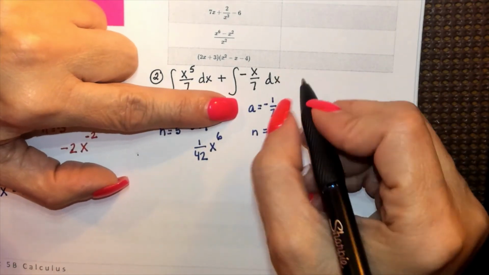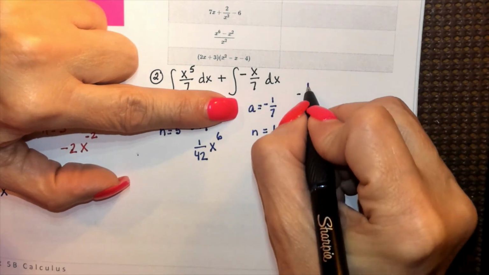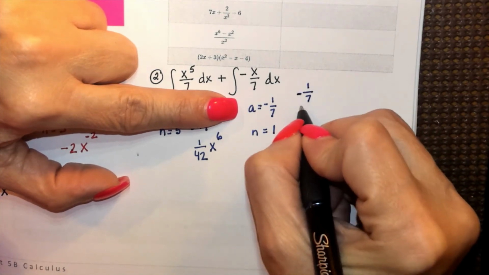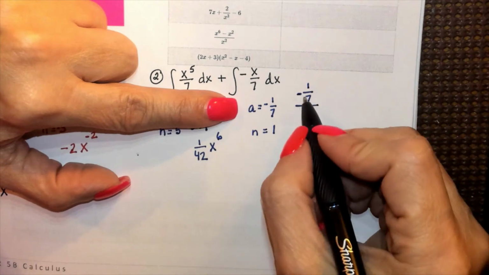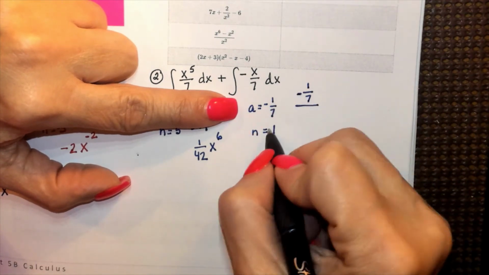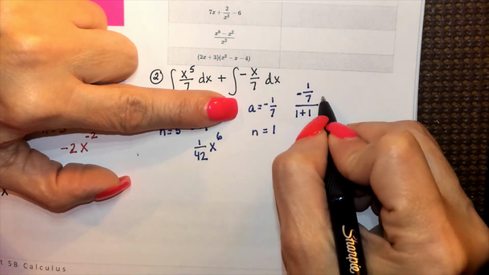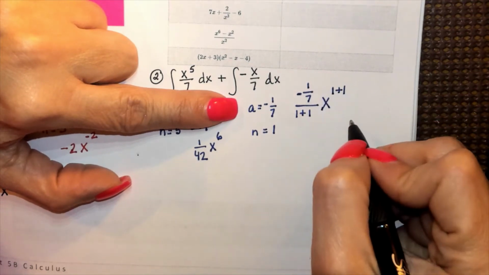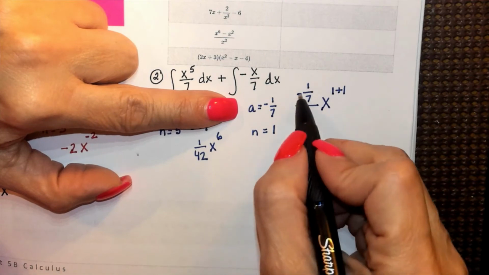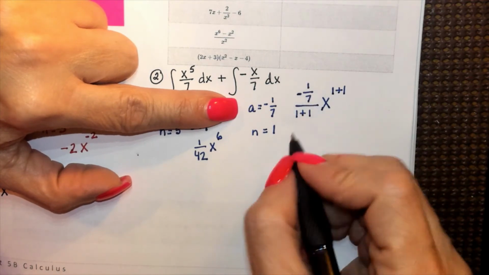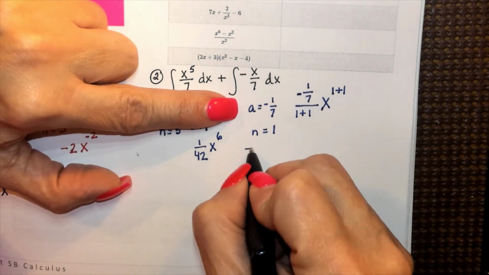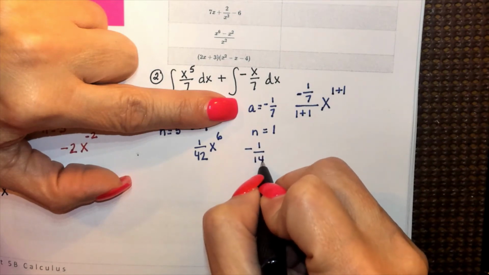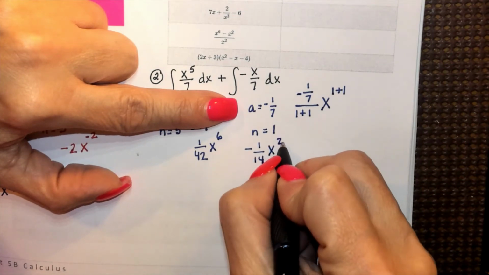On this one, I'm going to have negative 1 over 7 over, let's see, 1 plus 1, x to the 1 plus 1. So this one would be negative 1 over 7 over 2. That's a whole lot like negative 1 over 14 x squared.